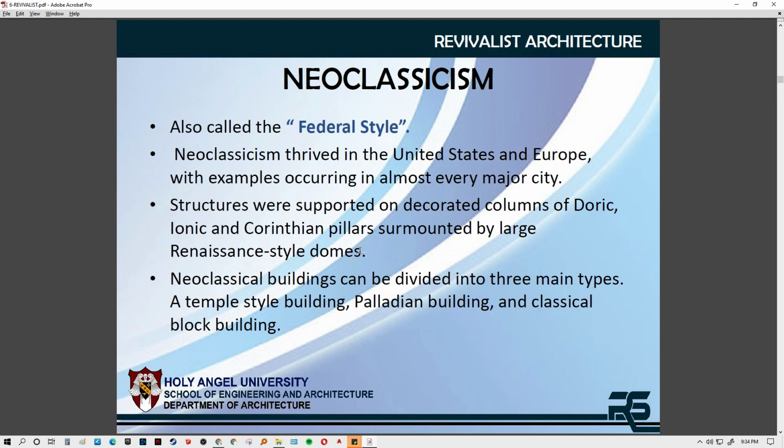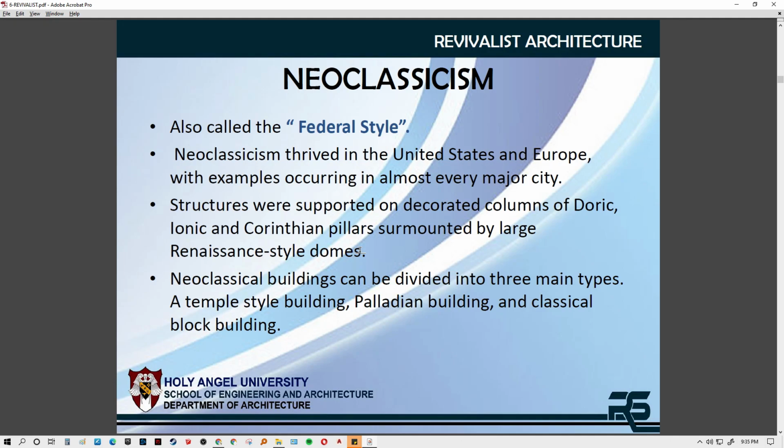Neoclassicism is also called federal style, and it thrives in the United States and parts of Europe, especially in the major cities. It is mostly used in special buildings, and it has adapted the decorated Greek orders of columns, and also has the Renaissance style dome, somehow in between the Renaissance look and the older style.